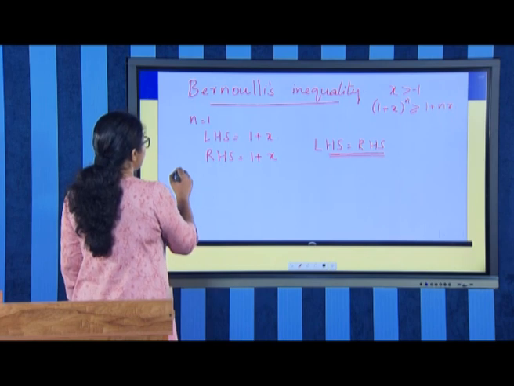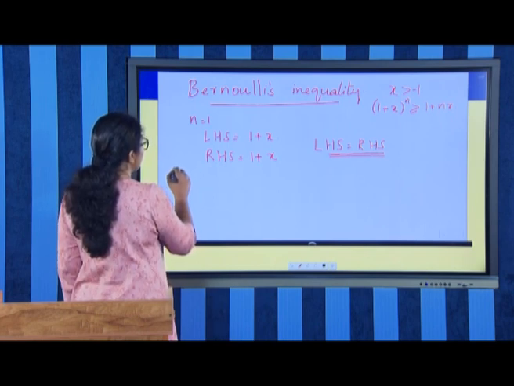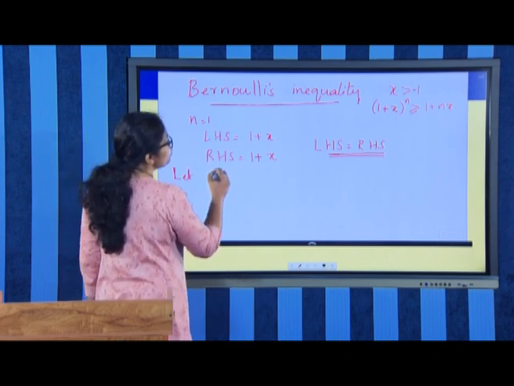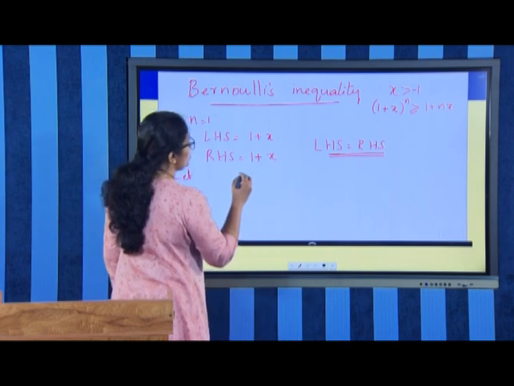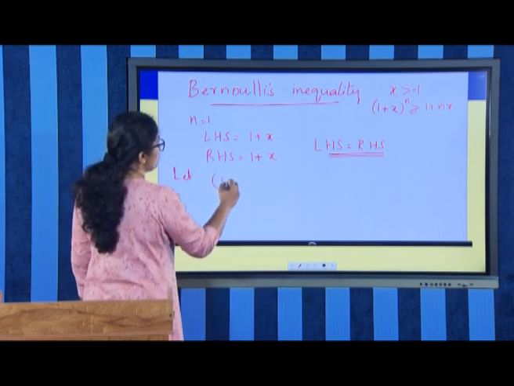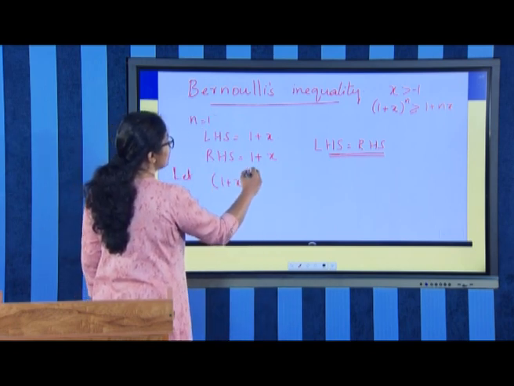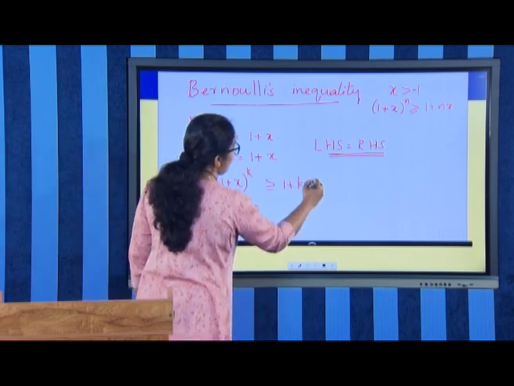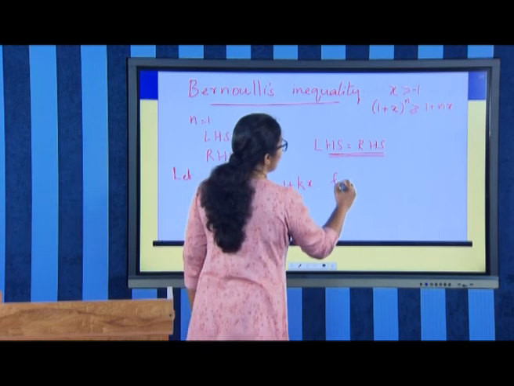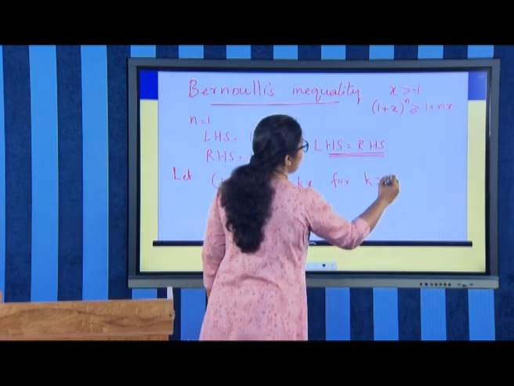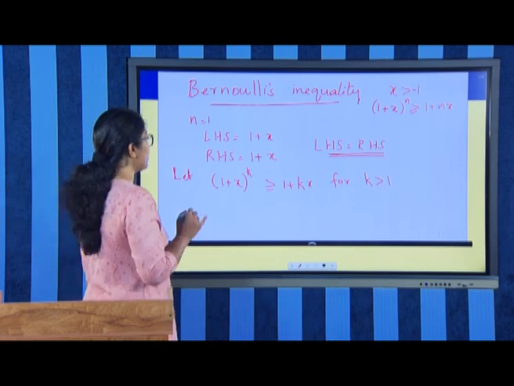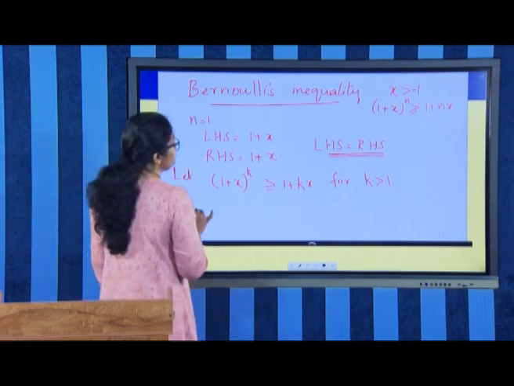By the hypothesis of mathematical induction, let the Bernoulli's inequality be true for some n equal to k. That means (1 plus x) whole power k is greater than or equal to 1 plus kx for k greater than 1. For some natural number k which is greater than 1, let this condition be true.